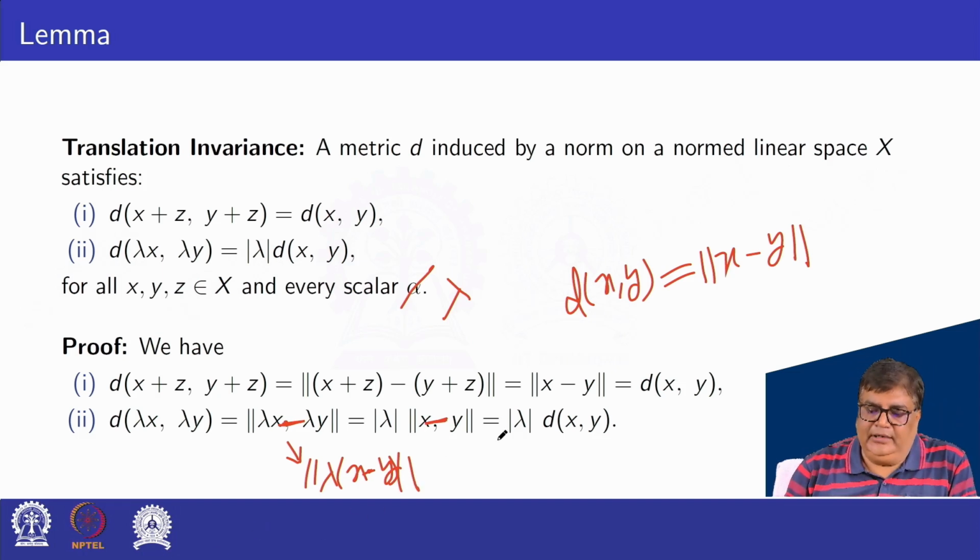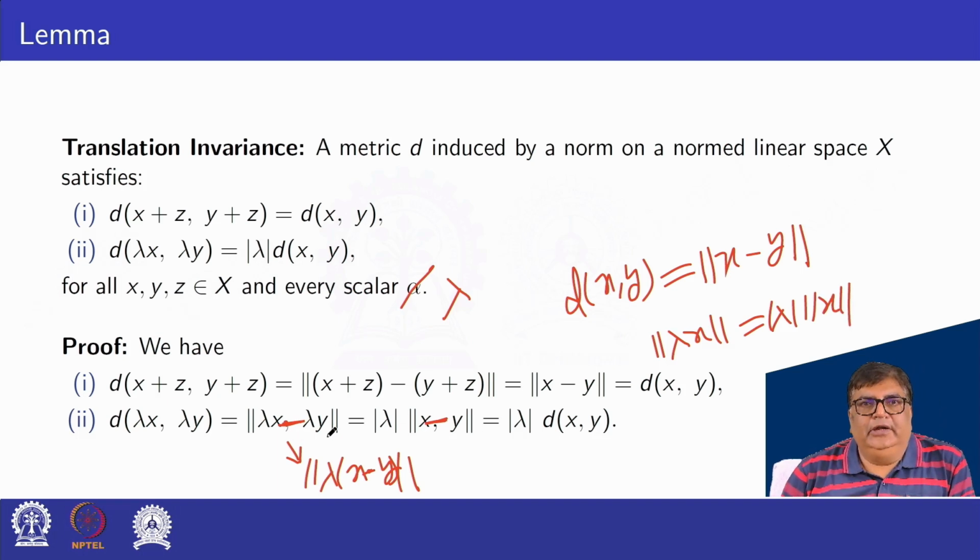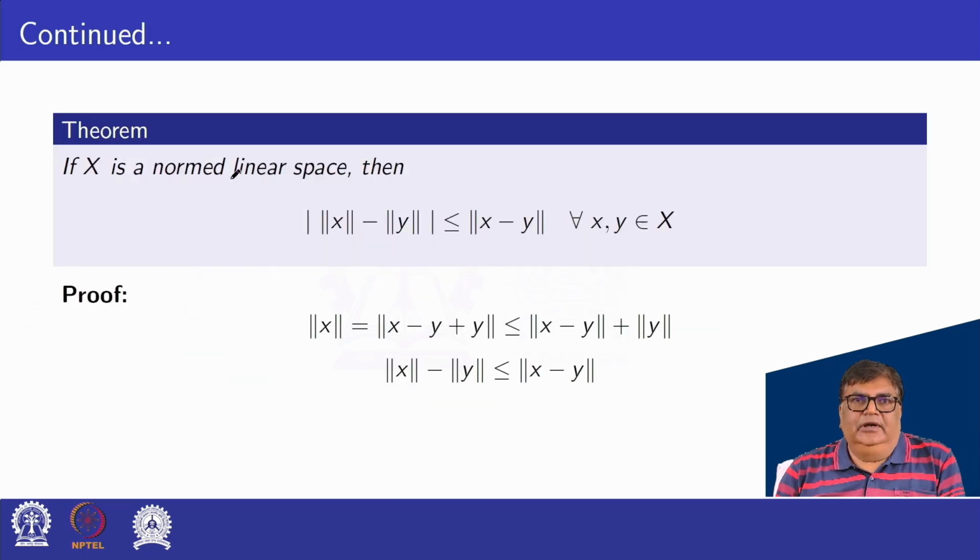Applying norm lambda x is equal to mod lambda norm x, it can be written as mod lambda norm x minus y, which can be written as d(x, y). That is, d(lambda x, lambda y) equal to mod lambda d(x, y), and the second is proved.